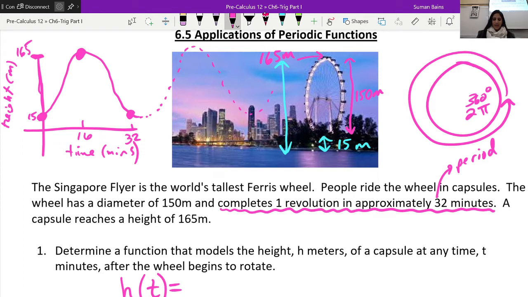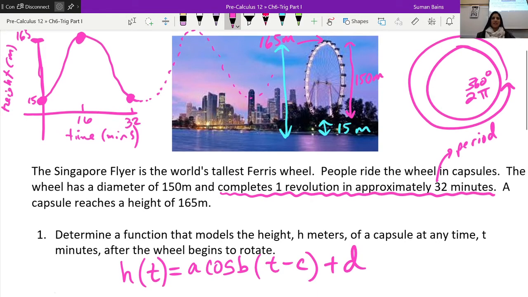And then, actually, maybe just to start things off, I'm going to give it to you in general form. If I were to assume that every transformation and all of that has been applied here, I would have an equation that looks like this. A cosine of b, t minus c, plus d.